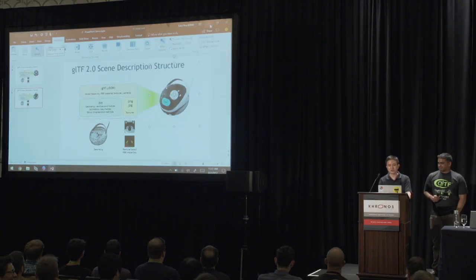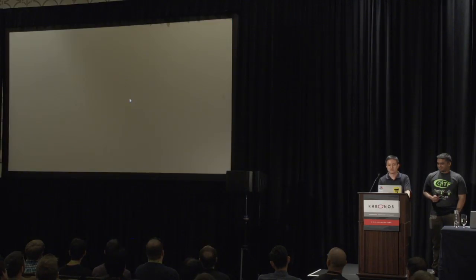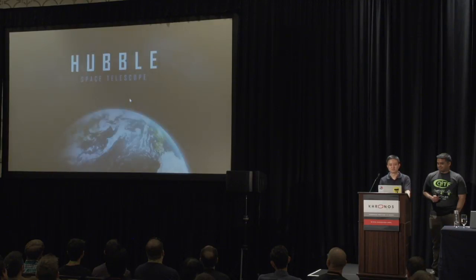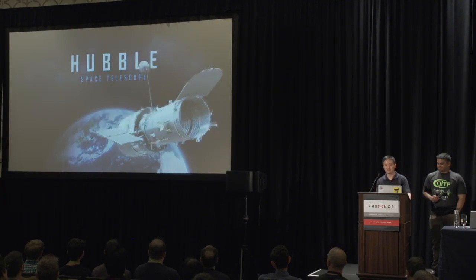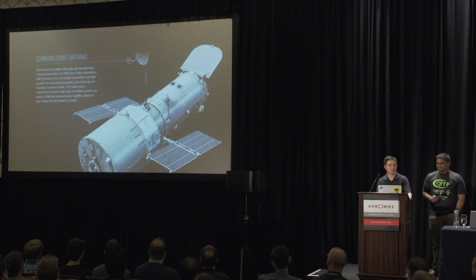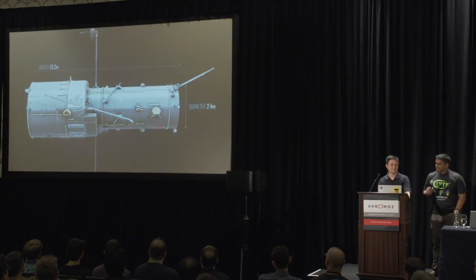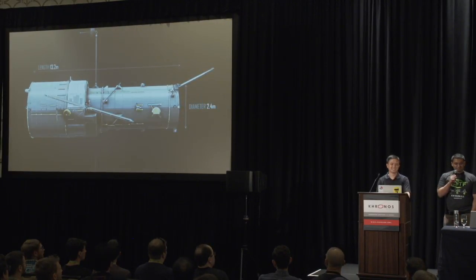To give you a more polished version of this, we have a pre-baked version of this PowerPoint with the Hubble telescope. So you see the model is now transitioning in. It's rotating in. You can have annotations that point to the correct locations. Everything looks really cool. I think that's really going to change the way we see presentations going forward, right?